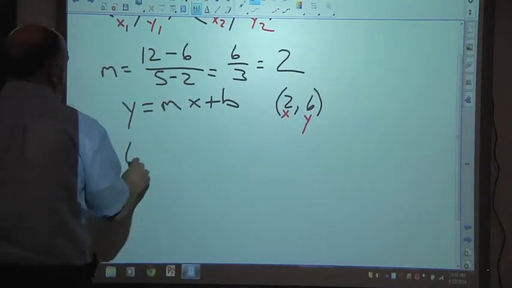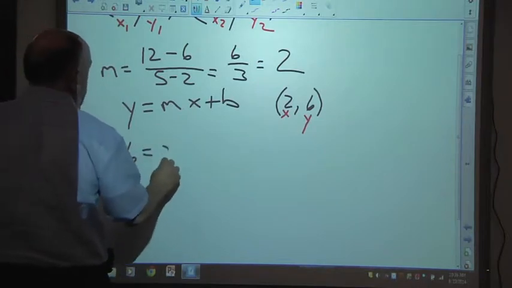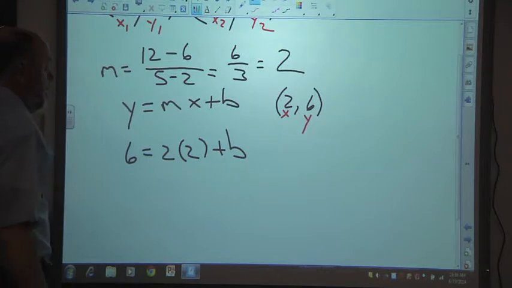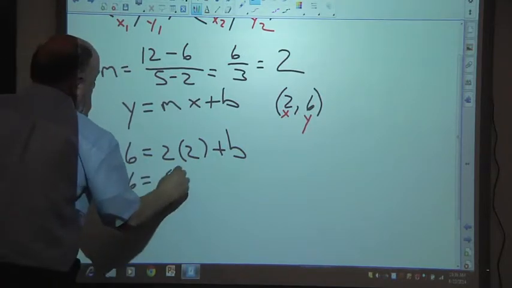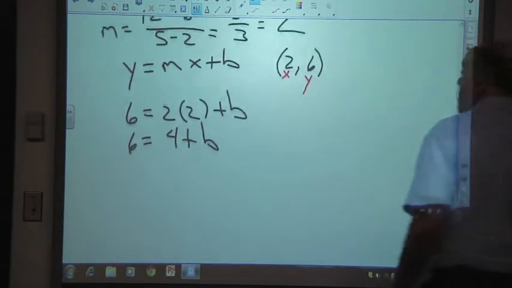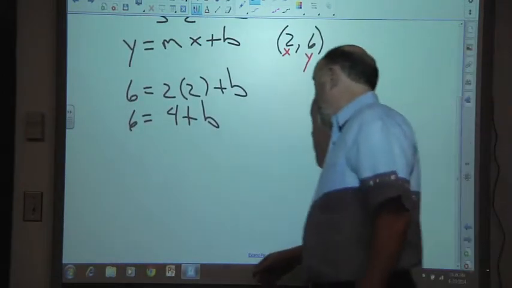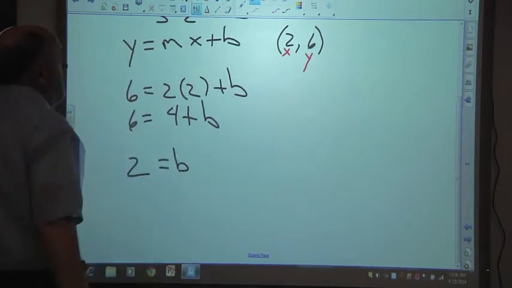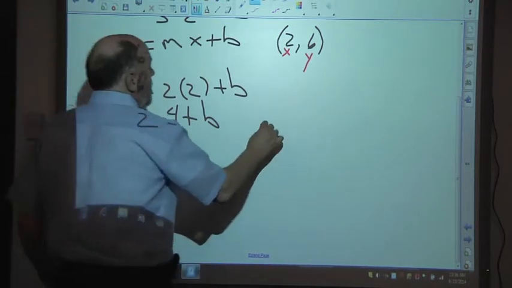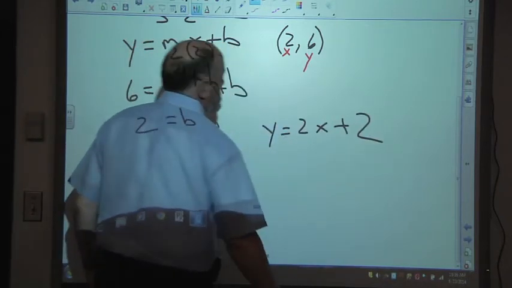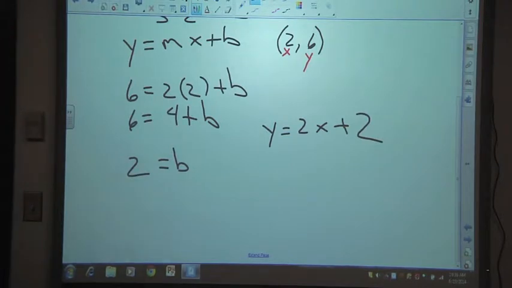We get 6 equals 2 times 2 plus b. So 6 equals 4 plus b. If we solve that equation for b, we find that b equals 2. So my equation is y equals 2x plus 2. That would be the equation of the line in slope-intercept form.